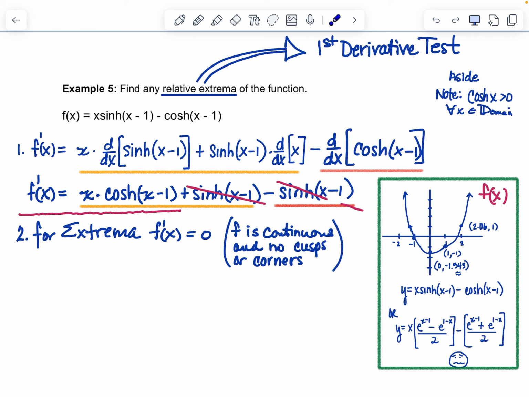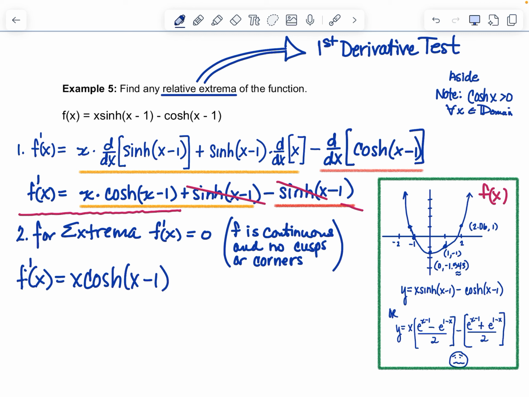Then you realize that when we take the derivative of the cosh at the end, we get minus sinh of x minus 1, and those two cancel. So we end up with f prime of x equal to just x cosh of x minus 1.